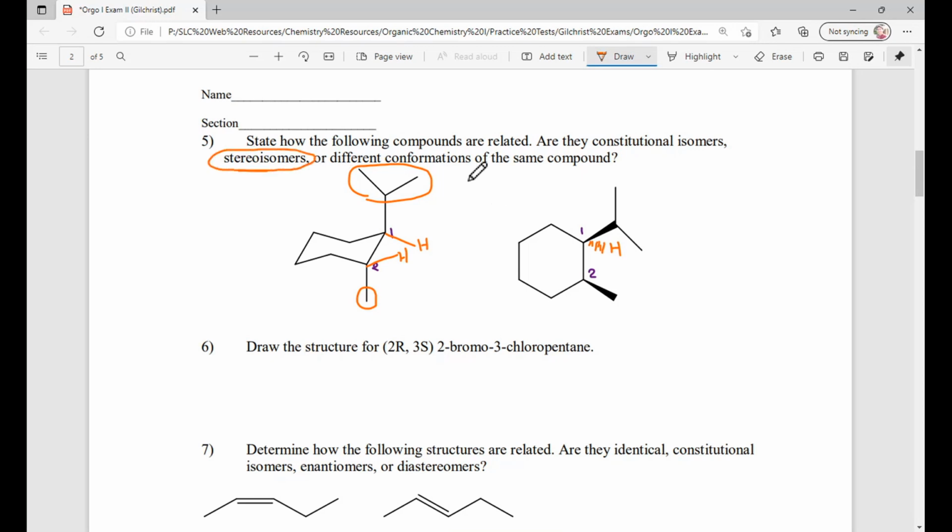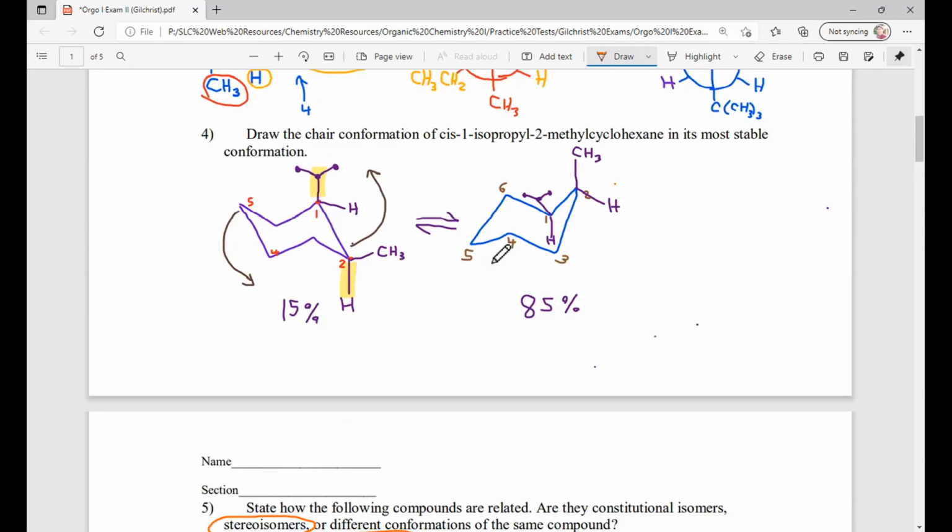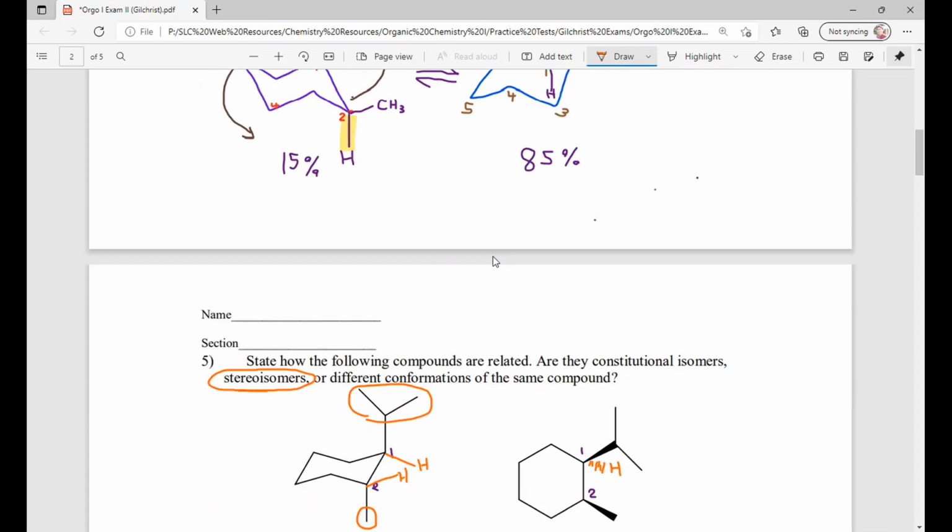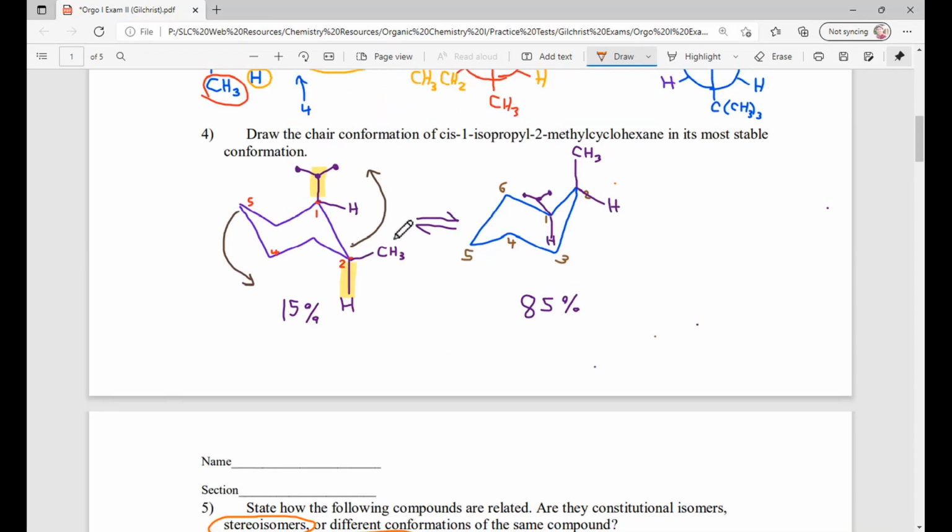Stereoisomers. Now, how could you tell if they were different conformations of the same compound? Let's say if both of these were down and both of these were up, I mean maybe, but truthfully speaking, to be able to definitively say they're different conformations of the same compound, you would need comparisons like this.